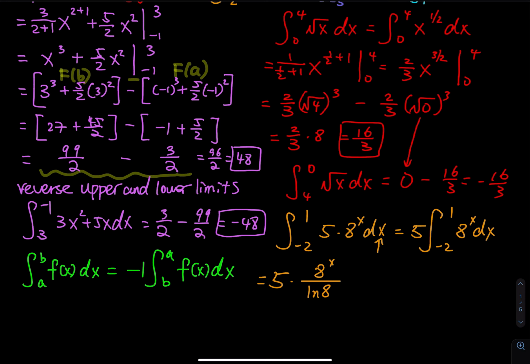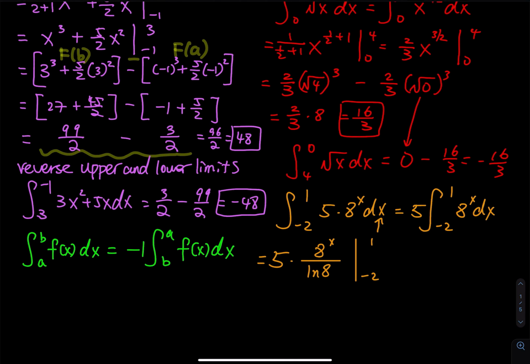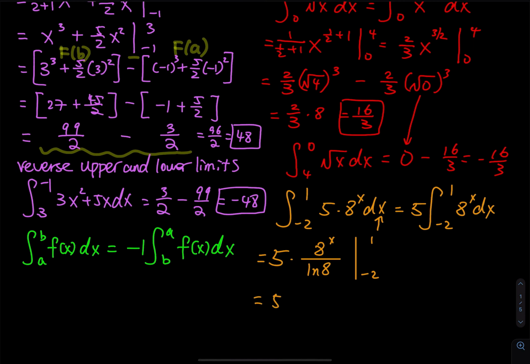All right, and then such that x goes from -2 to 1, and we apply the fundamental theorem of calculus. So we have 5 times a to the first power divided by ln a, and then minus 5 times a to the negative 2 power divided by ln a.